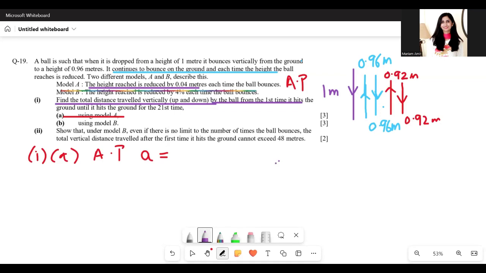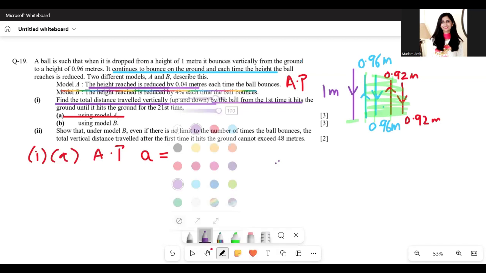So it says to find the total distance traveled from the first time it hits the ground. That means we start from here, so we include all of this, but we do not include the first 1 meter fall, because the question is clearly stating find the total distance traveled by the ball from the first time it hits the ground.